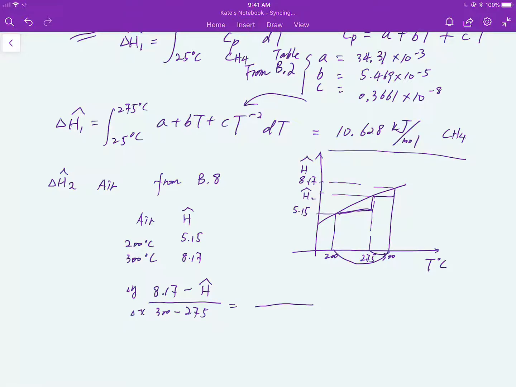So my delta x is 300 to 200. My delta y is 8.17 minus 5.15 here.